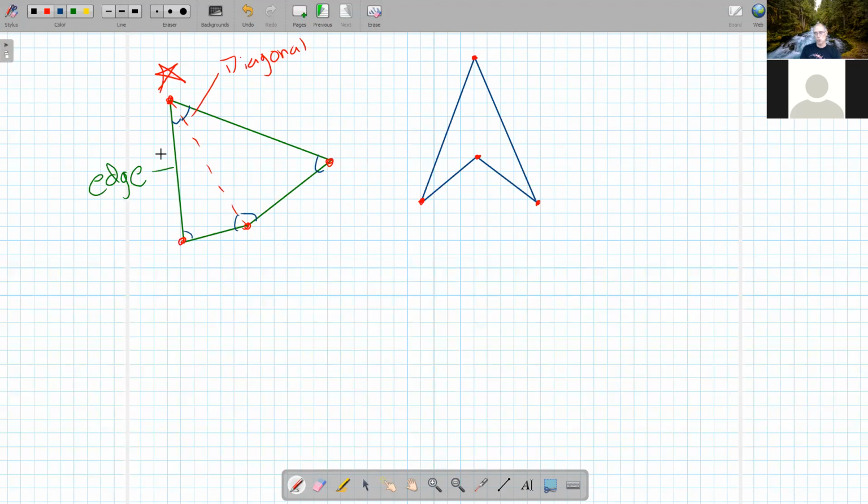And I played around with GeoGebra with something like this last week. And I know that this triangle had 180 degrees between these three angles. And I know that this triangle had 180 degrees between these three angles. Maybe I should color code those. Say this angle plus that angle is 180.